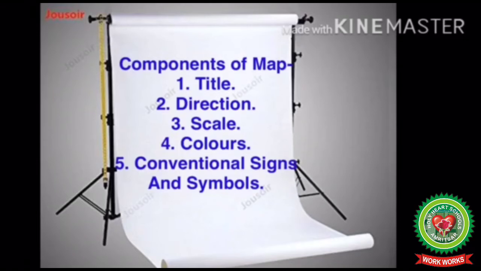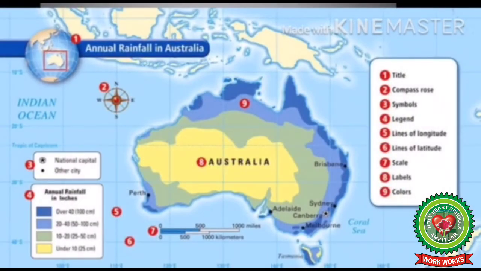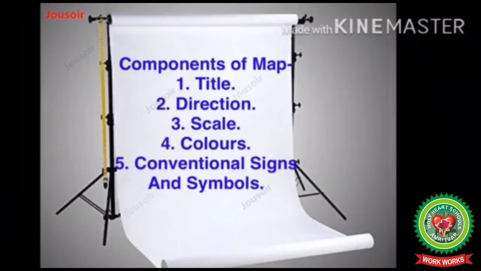Number 1, title. Title shows the name of the map, which map it is, which map we are going to do. For example, this map shows annual rainfall in Australia. You can see the title is given Annual Rainfall in Australia. Number 2, direction.